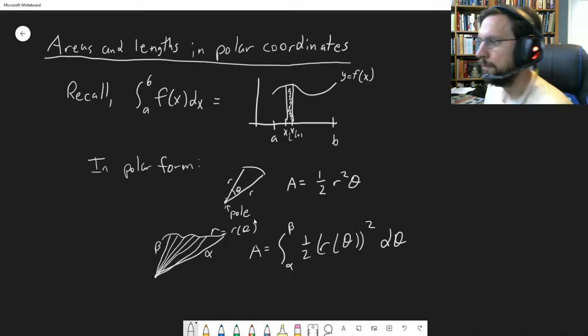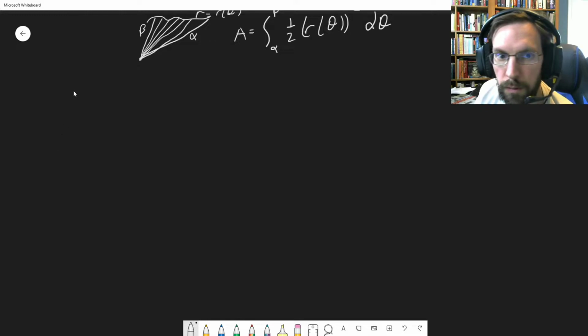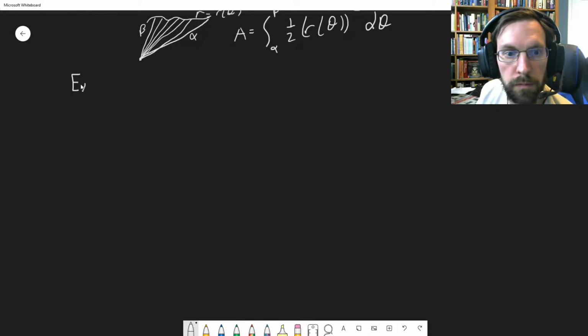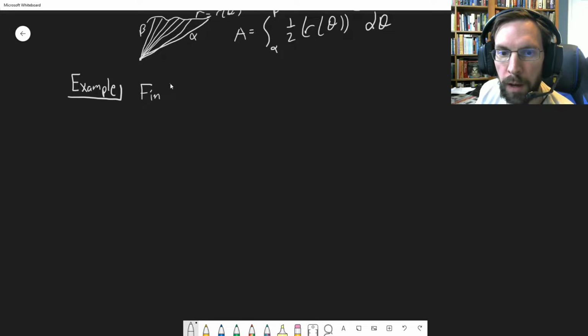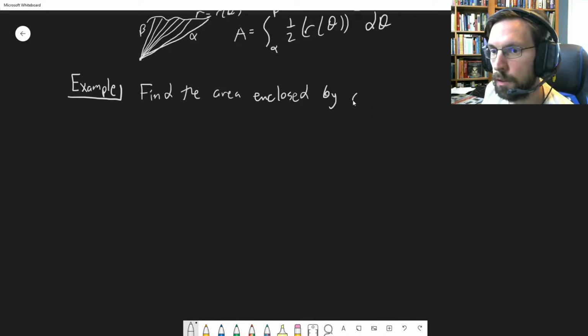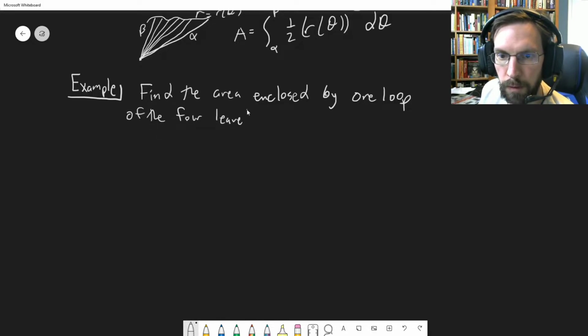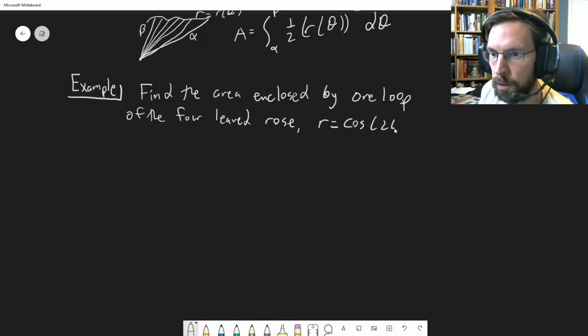Okay, so let's look at an example. We want to find the area enclosed by one loop of the four-leafed rose, r equals cosine of 2 theta.